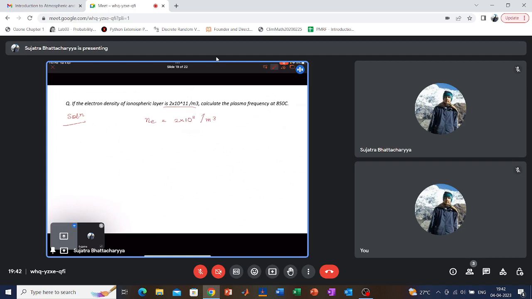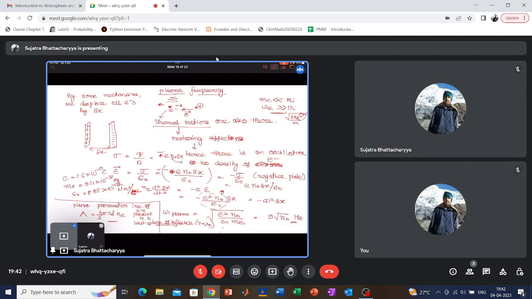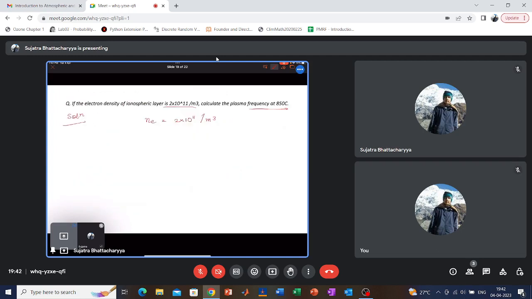No need to change units, it is given. What is the plasma frequency at 850 degrees Celsius? Plasma frequency, as you can see, does not depend on temperature. So just apply F is equal to 9 root n naught. So just apply that, root 2 into 10 to the power 11. It's simple. The temperature is there for confusing, not required.